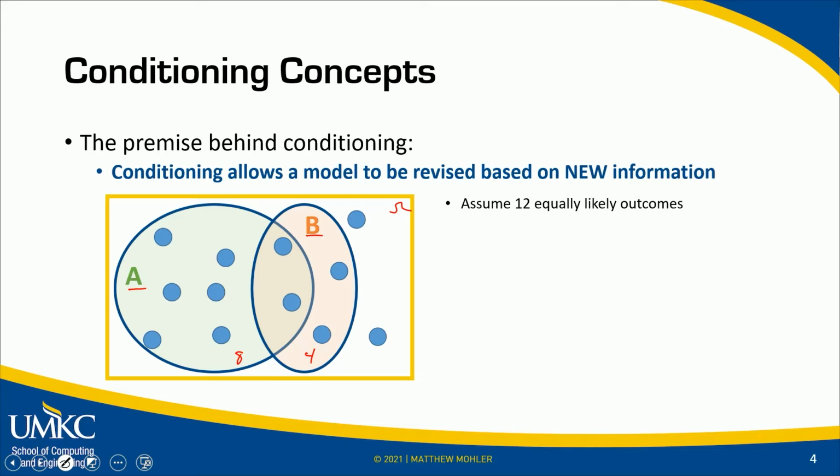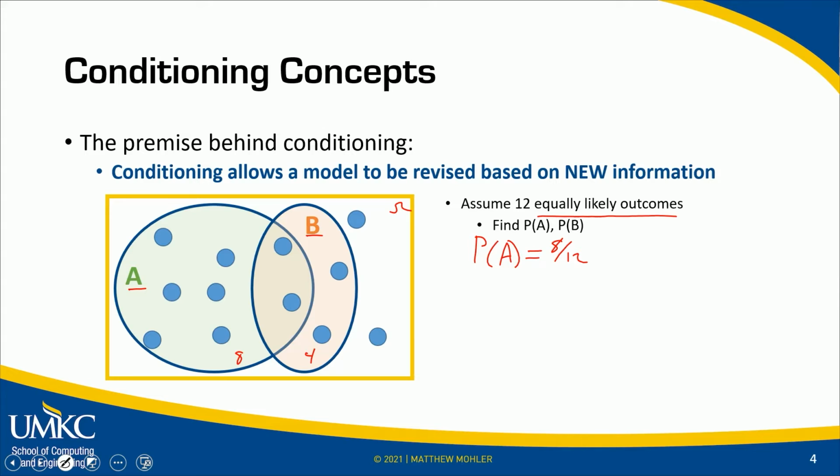So the first thing we're going to do before we get too far into this is just find the probabilities of A and B. And this will require going back to lecture 1 if you don't remember the exact concepts behind here. But the probabilities are pretty simple in this case because we have equally likely outcomes. So the probability of A in this specific situation is just equal to the number of outcomes within A divided by the total number of possible outcomes, which we'll find is just equal to 8 over 12.